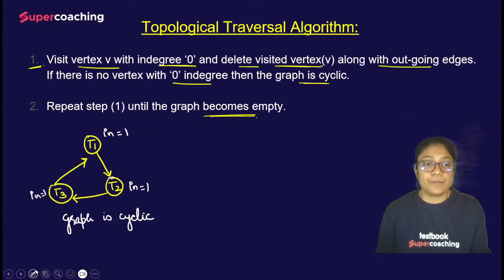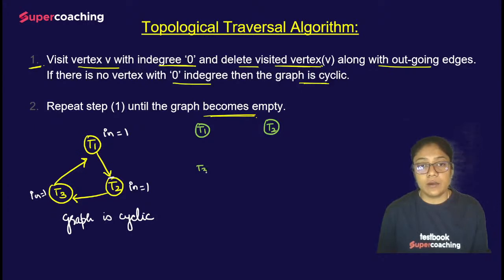Okay. There is a graph T1, T2, T3, T4 and T5.